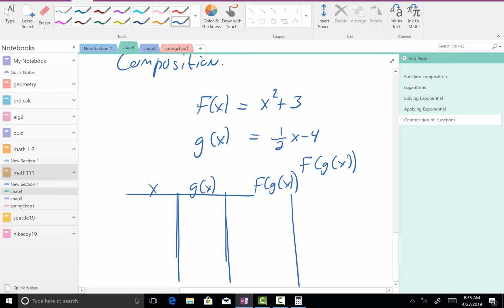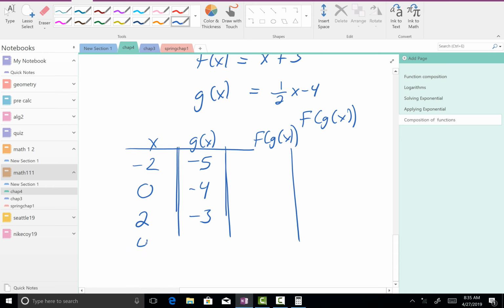So we could pick any number we wanted to and put that in this column, all right? So let's say I pick like a negative, all right? So I pick a -2, I put that in there, and -1 and -1, so that'd be a 5, okay? I'll put 0, -4, I'll put 2, okay, because that makes it simple, -3, and so forth.